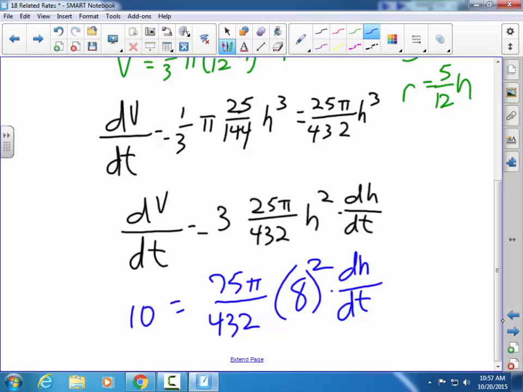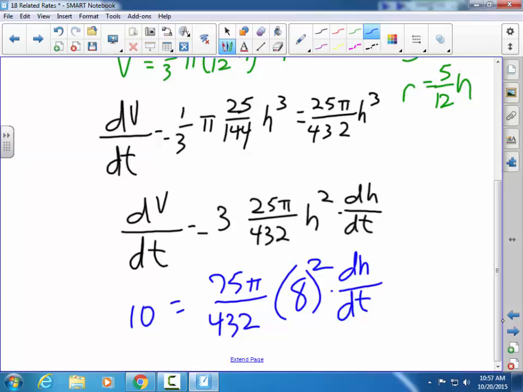Can you not cancel off the 1/3 with the 3 when you do the derivative? So you would get 25 pi over 144 h squared? Yes. I see what you're saying there.